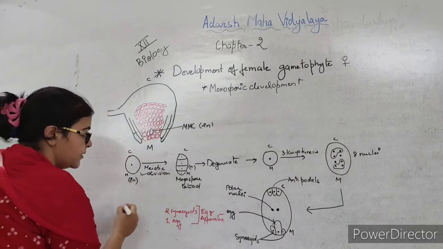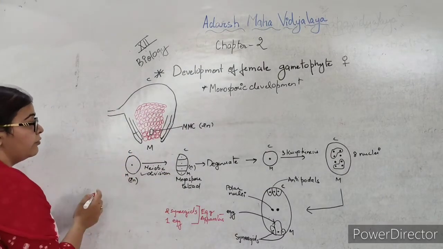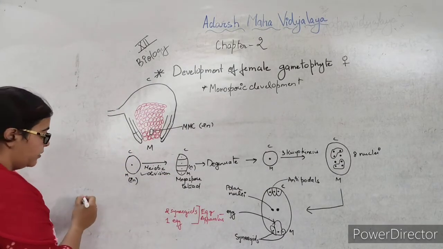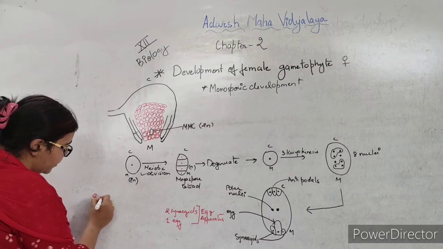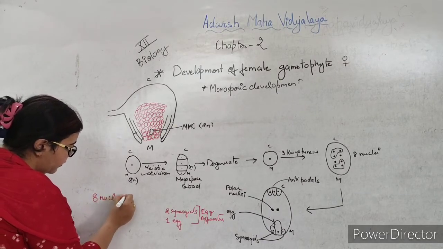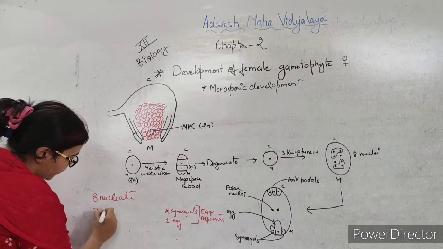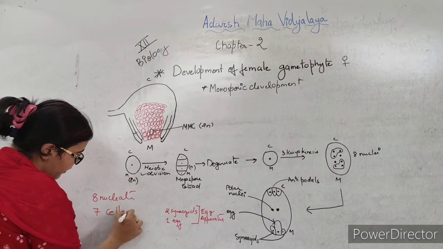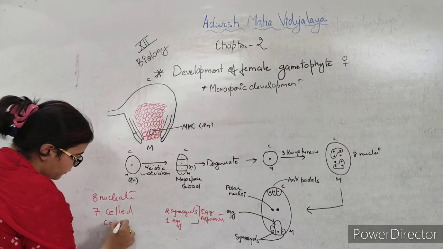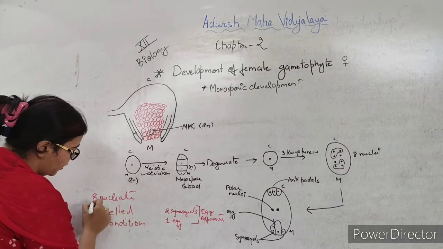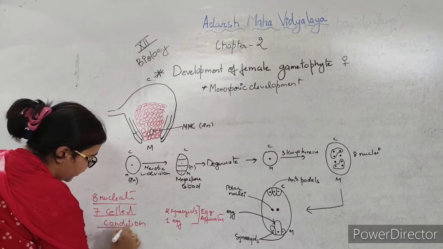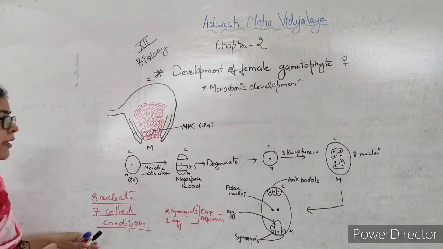So we can say that the female gametophyte in angiospermic plants shows 8 nucleate, 7 celled condition. And this is the polygonum type of development in angiospermic plants.